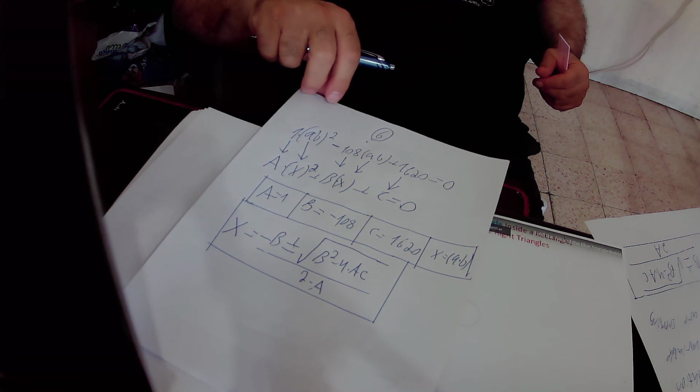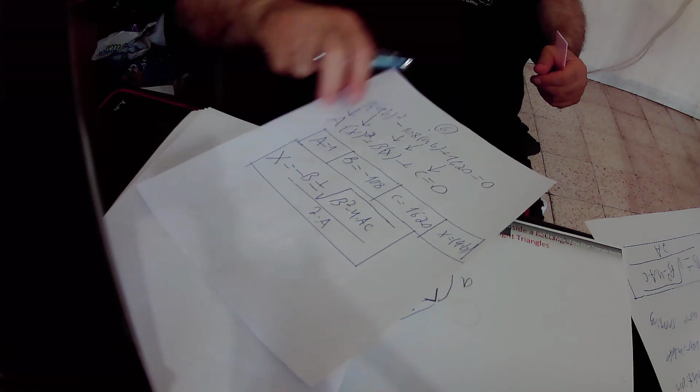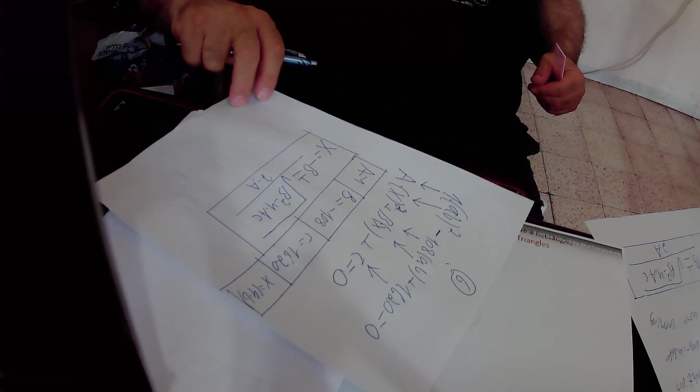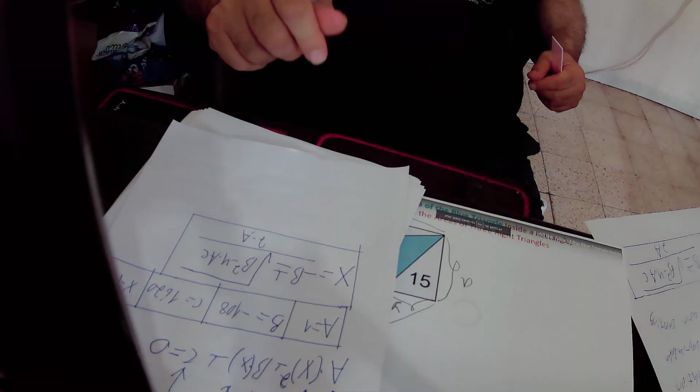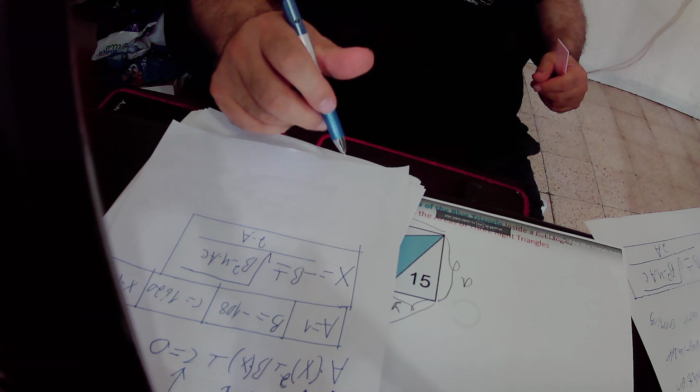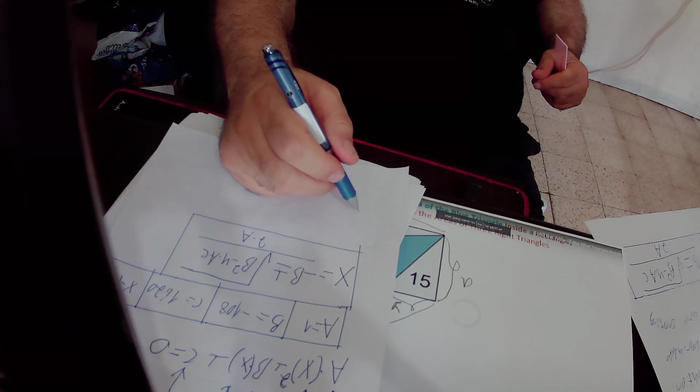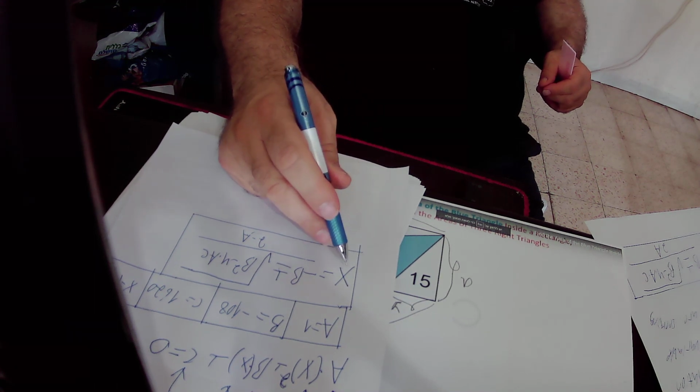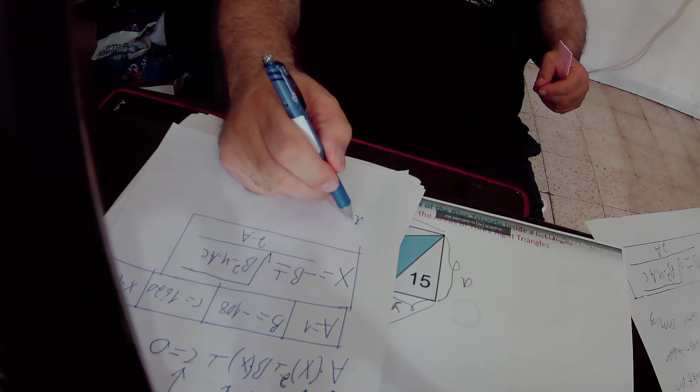Okay, we have already found that x equals a times b.